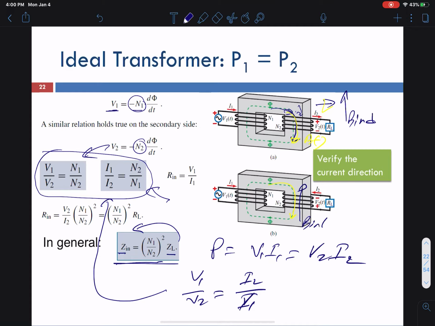This is the BT, right? So then again, your current needs to go out the thumb. Look at the current going this way and coming down the other way. So this is still the current going out, but your polarity changes because the current goes in this side. So this is positive, this is negative, and for this one, this is positive, this is negative. So if you change the winding, you can also change the polarity of the transformer. All right.